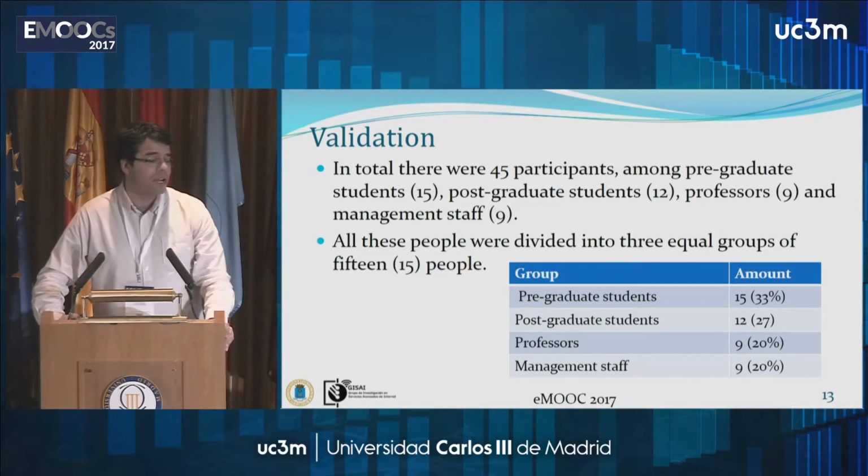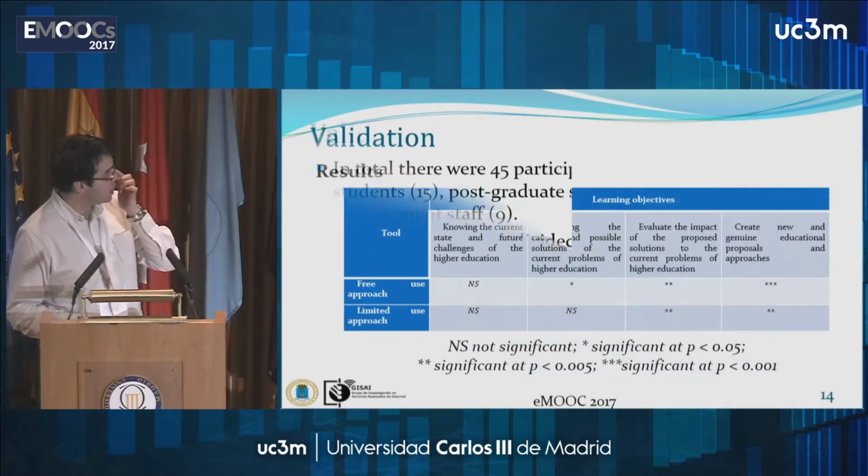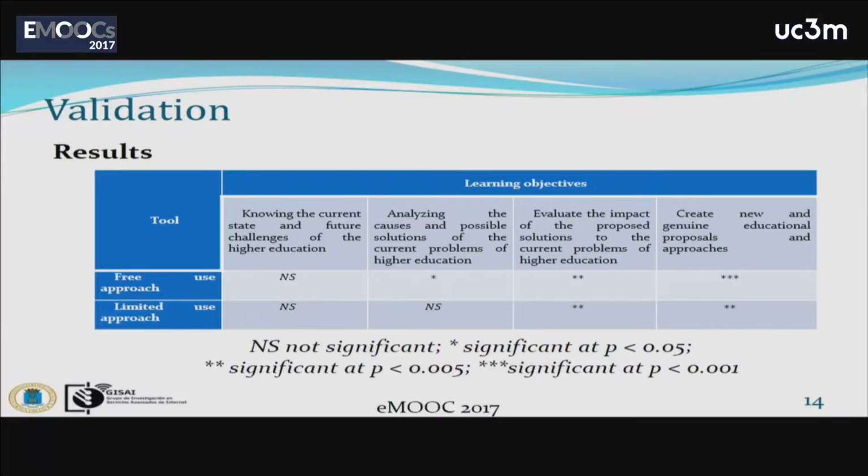With these people, we created 3 equal groups of 15 people. The first group was asked to work in the peer-to-peer task in a traditional way. They submit the task, and directly it was evaluated by partners.